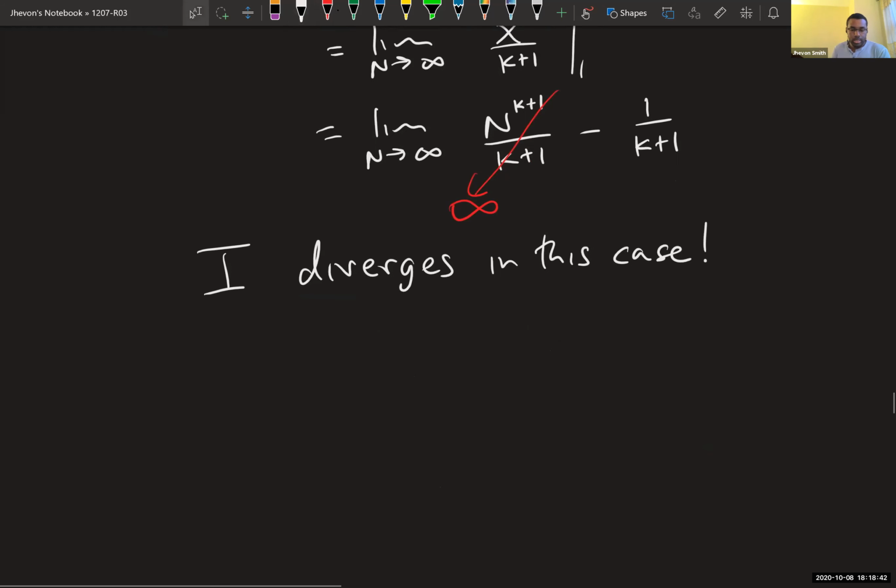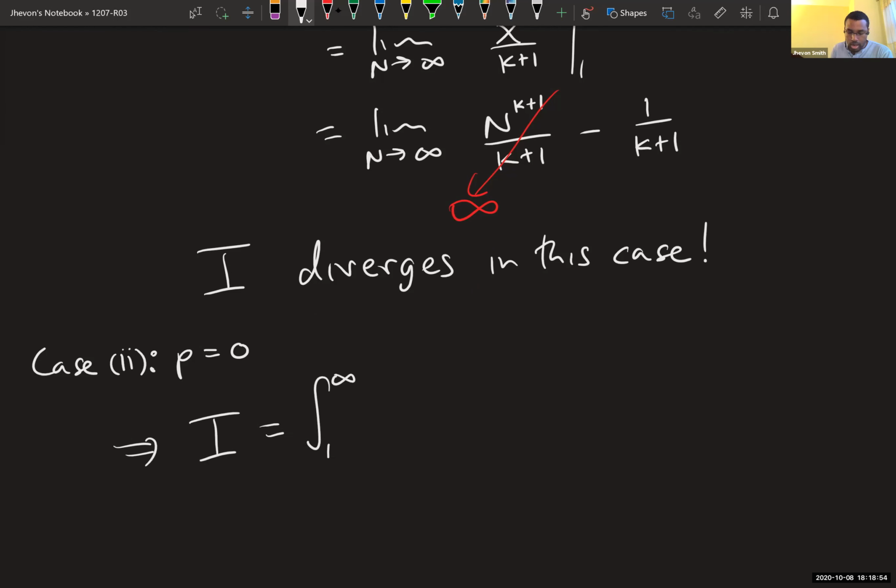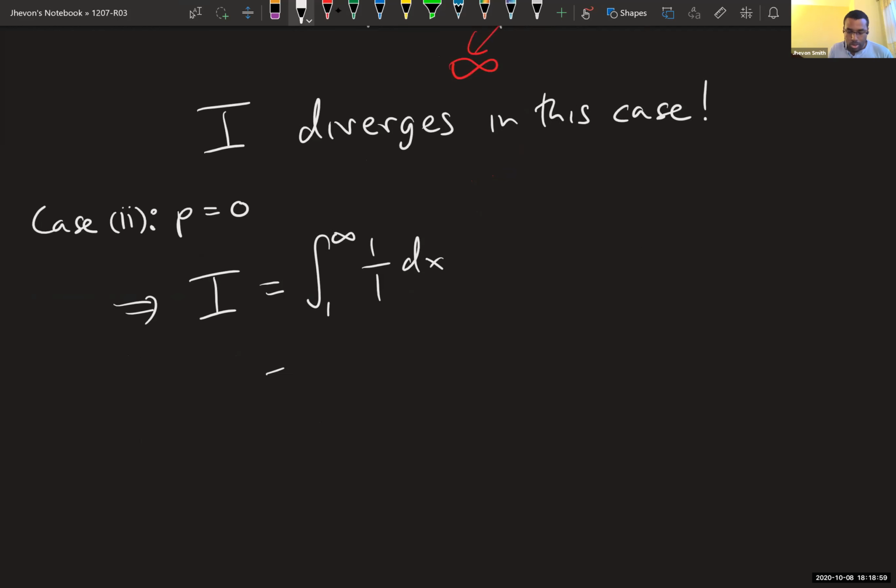Let's look at the other case, case 2. P equals 0. Well, this would mean that my integral is just the integral from 1 to infinity of 1 over 1 dx. Well, that's the limit as n approaches infinity of the integral from 1 to n.